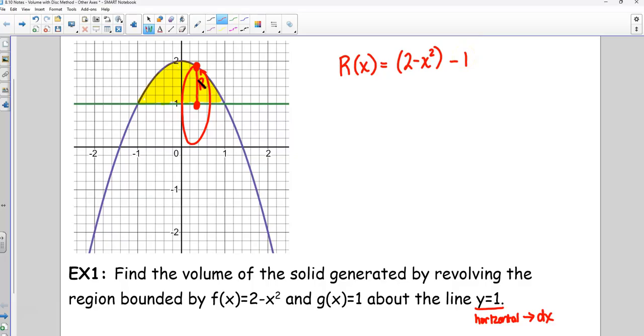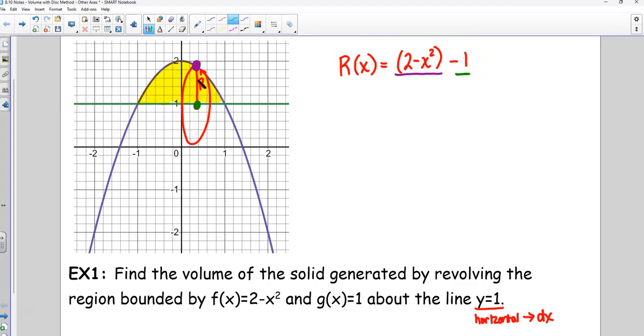Okay, so today, because we're rotating around lines that are not the x or the y-axis, whenever we find that capital R, it's going to be the place that our little rotation segment hits at the top minus the place that we hit at the bottom.